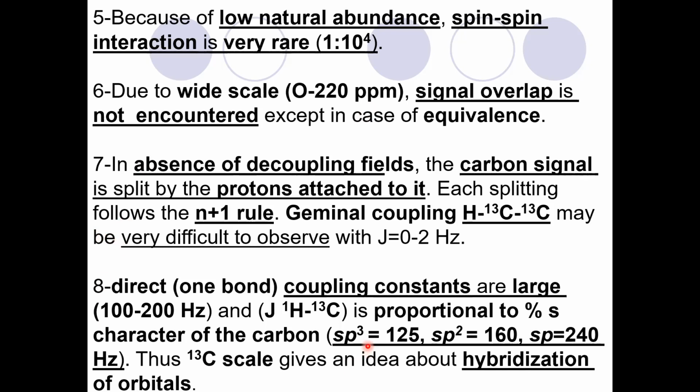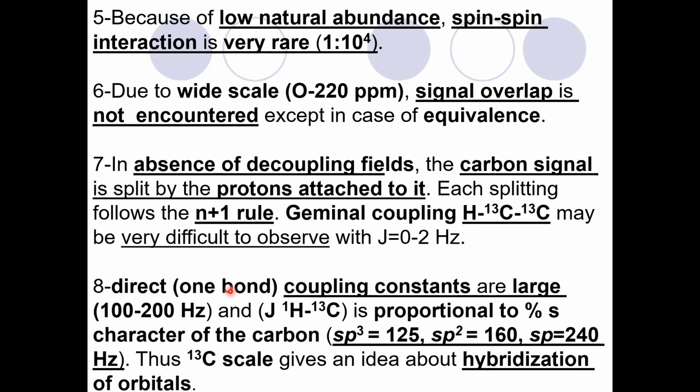In the absence of the decoupling field, the carbon signals appear split by the protons that they carry. For example, the methyl becomes a quartet, methylene a triplet, methine a doublet, and quaternary a singlet, according to the n+1 rule we explained before, because hydrogen also has a nuclear spin of one half. Geminal coupling is very difficult to observe here, and it has a very low coupling constant.